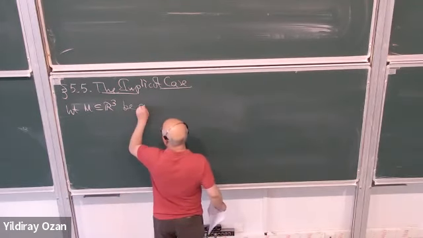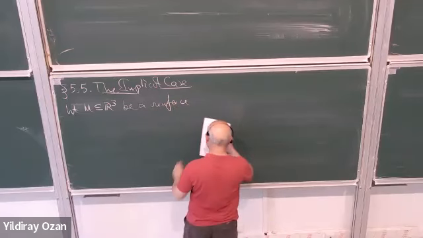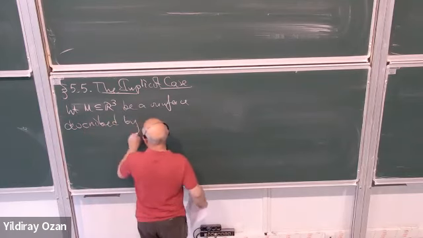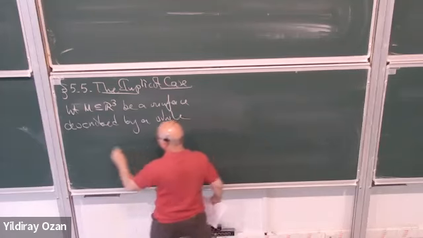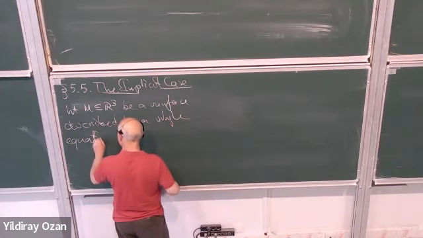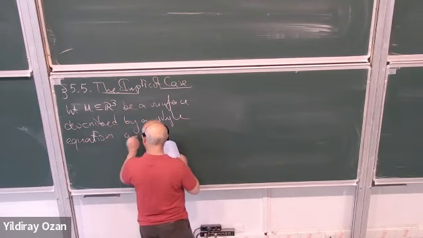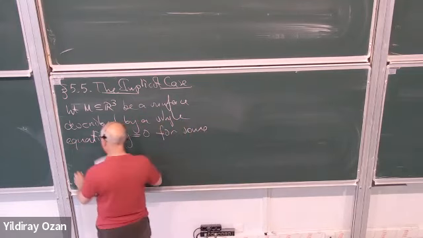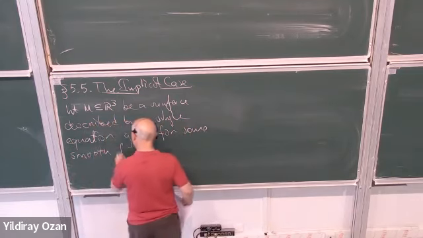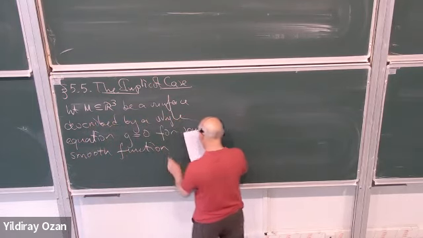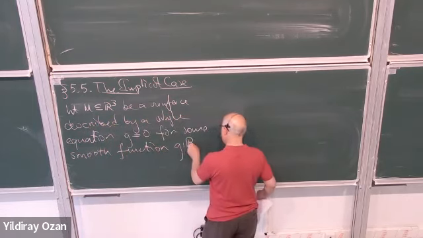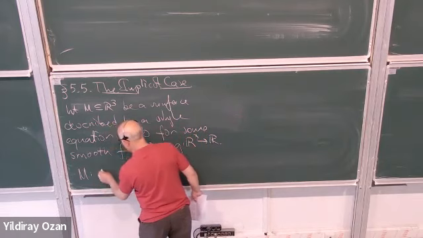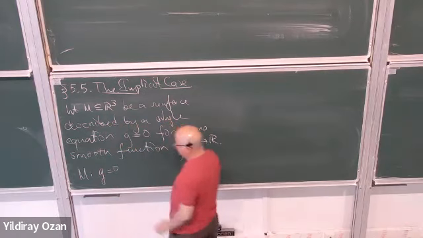So let this be a surface M described by a single equation, G equals 0, for some smooth function G from R3 into R. So our surface M is described by such an equation, G equals 0.